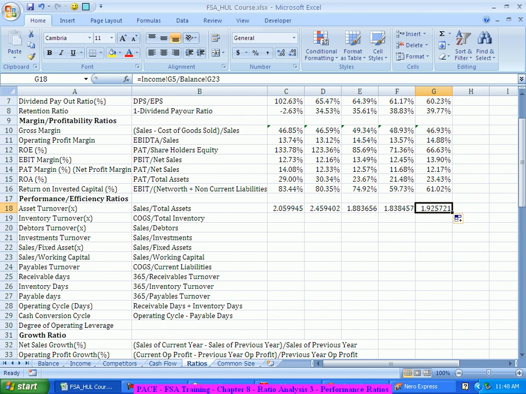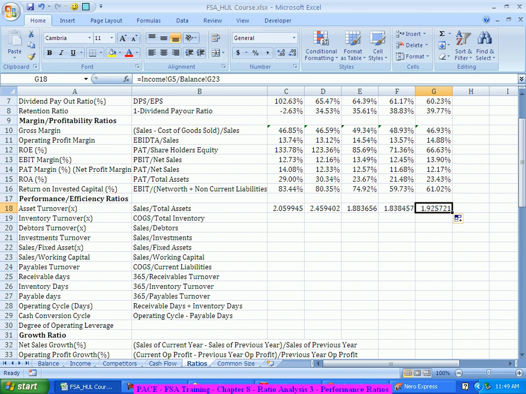I am an external analyst who is trying to look at the historical numbers and based on that taking a decision. So for the last 3 years the number is around 1.8 to 1.9. So even the next few years I will expect it around that number itself, which would be a logical assumption, right? That's how I make the future statements, future balance sheets and income statements completely interlinked through these ratios.